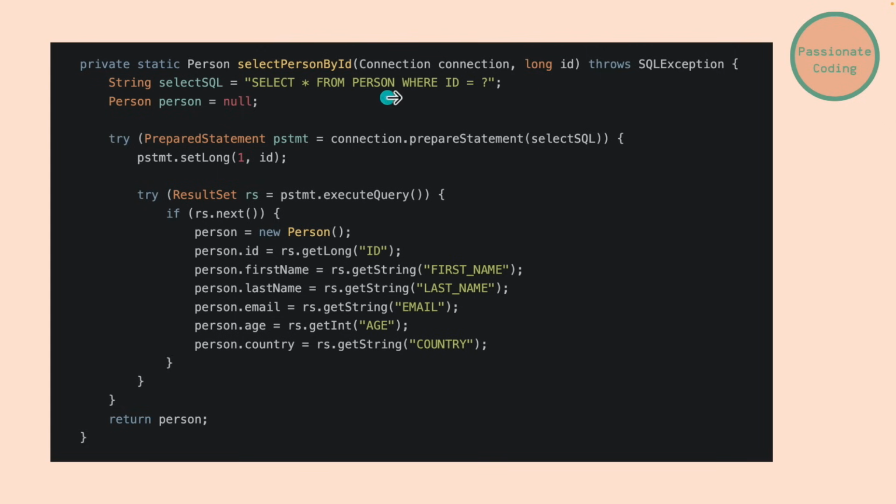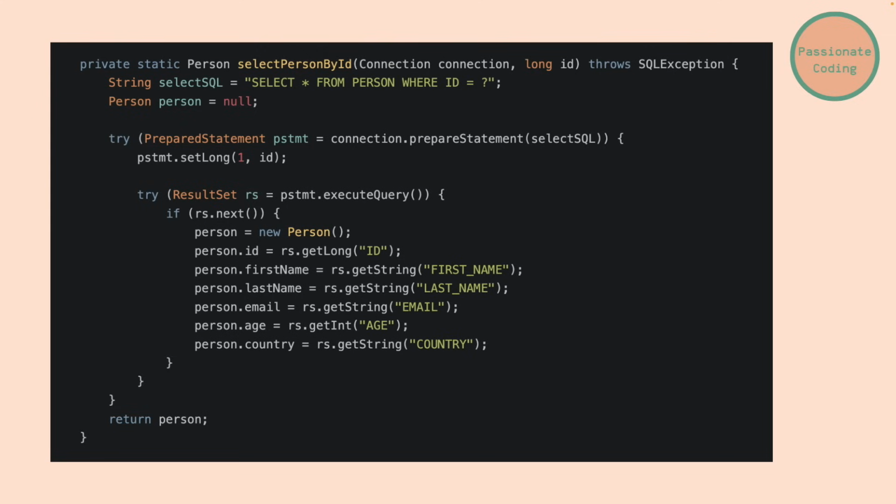At first, we would need to write the SQL statement, and then we would have to prepare the statement, injecting some parameters. Afterwards, we would execute the query on the database, and once the result set, whatever that is, comes back, we would need to iterate over it and map one by one the attributes from the result set into a person object and then return the person object at the end of this method.